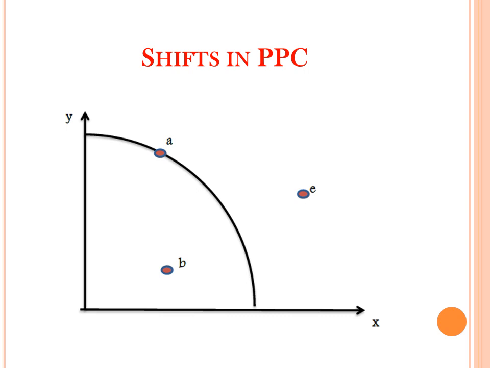This makes the production possibility curve shift upward and reach point E. So, economic growth, technological progress, or an increase in resources, all of them lead to the upward shift in the production possibility curve, and this reflects an increase in the ability of society to produce more of all products.